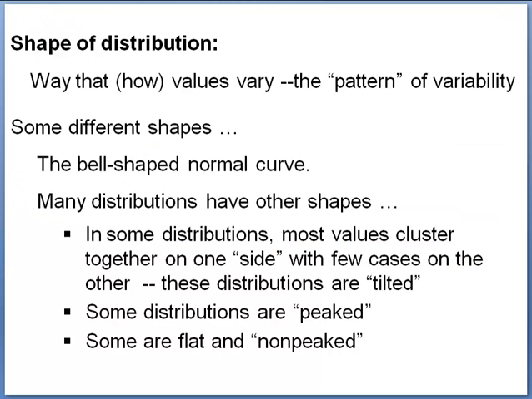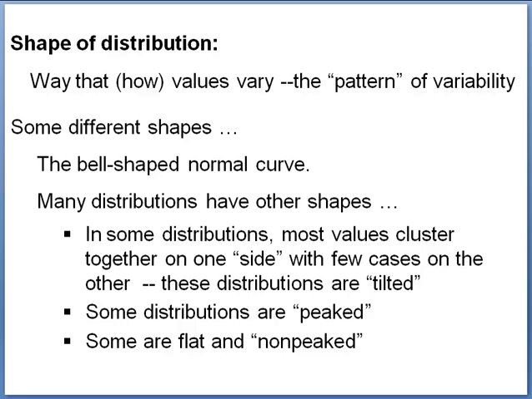I just want to mention that we're continuing on with really the third part of univariate descriptive statistics for numeric variables. One thing that we can do is summarize the typical or common value, and our measures of central tendency do that.